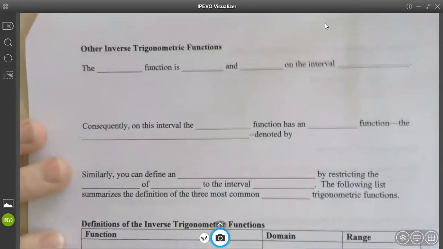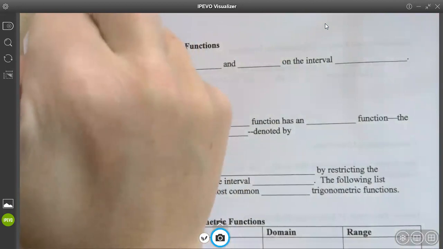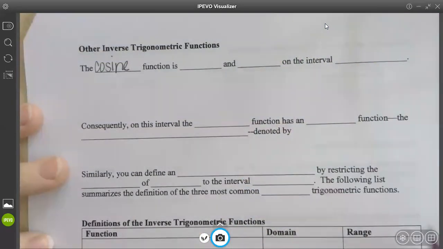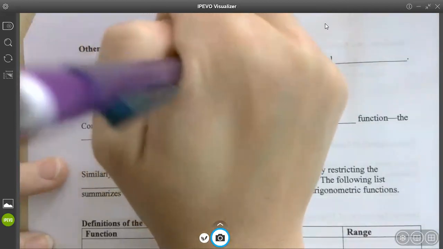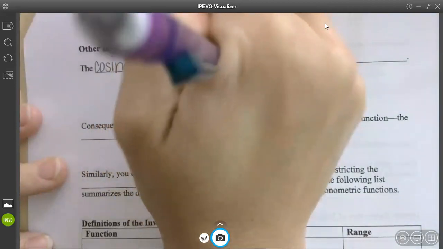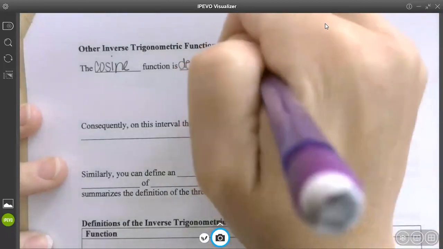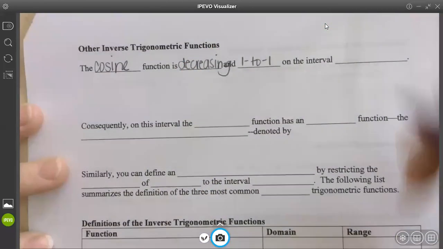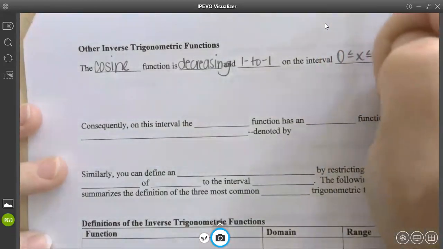All right. Other inverse trig functions, the cosine, is decreasing and 1 to 1 on the interval 0 less than x less than pi.